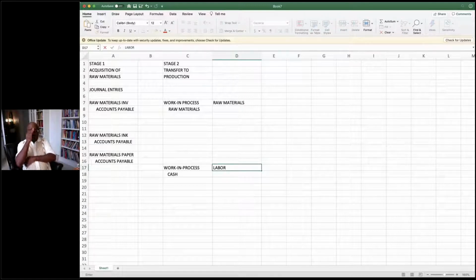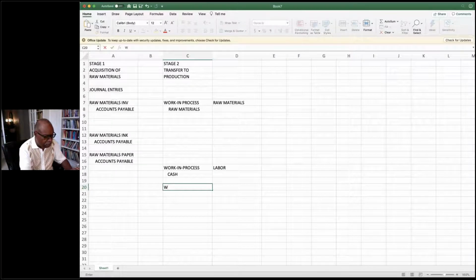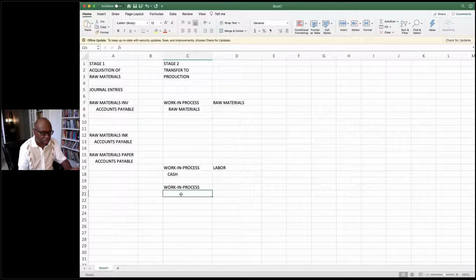So the first transfer relates to transferring in all of the raw materials needed to make the item. Then the second transfer is paying the workers, that's the labor. Then our third transfer, where we're going to debit work in process again, and we're going to credit what?